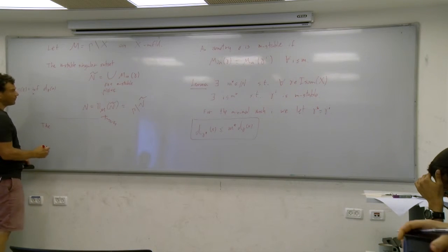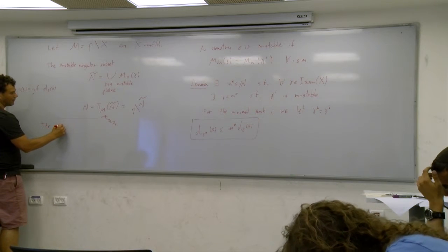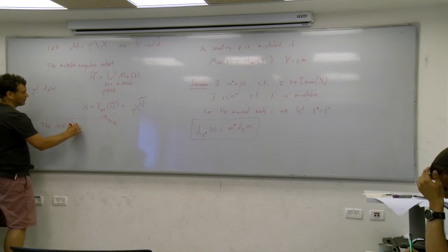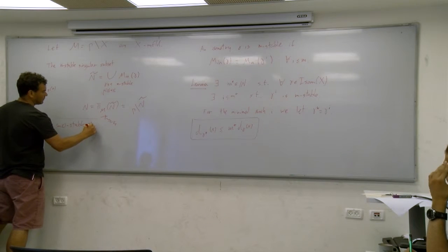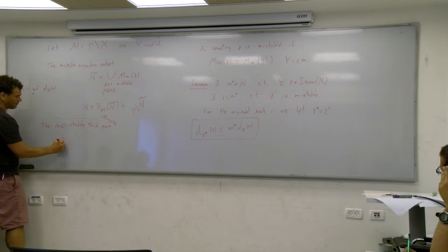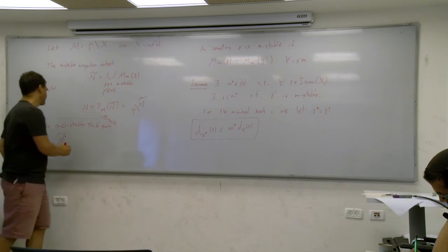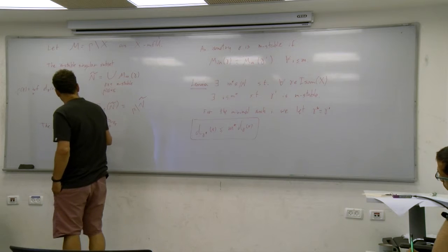And the thick part, the m epsilon stable thick part, I define it by m bigger than epsilon star.